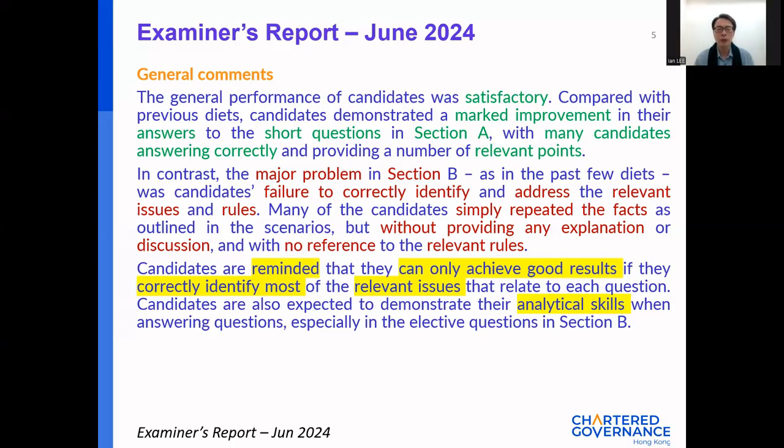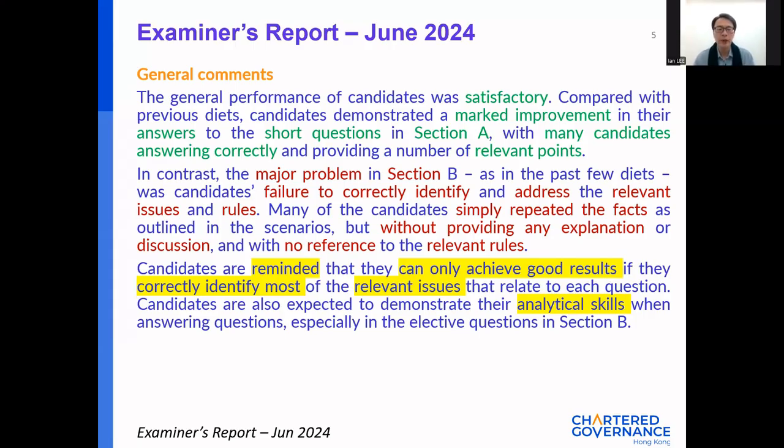Now, the good news is once you have worked out the relevant issue at hand, that can narrow the scope for you. There are so many topics in company law, but once you have identified which relevant issue is at hand for this question, then you already know which topic, and therefore you know which are the relevant rules for that topic. So it helps narrow down the scope for you.